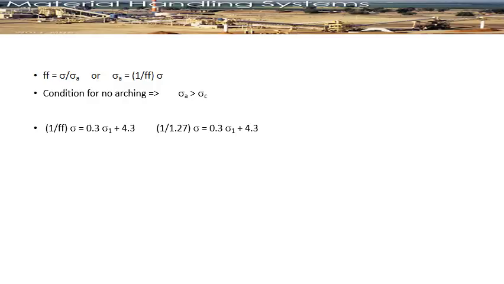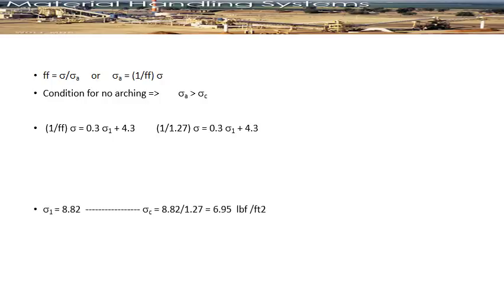So in this case, we consider that sigma is equal to sigma 1, and we move the 0.3 sigma 1 to the other side, and then we have sigma 1 divided by 1.27 minus 0.3 sigma 1 is equal to 4.3.